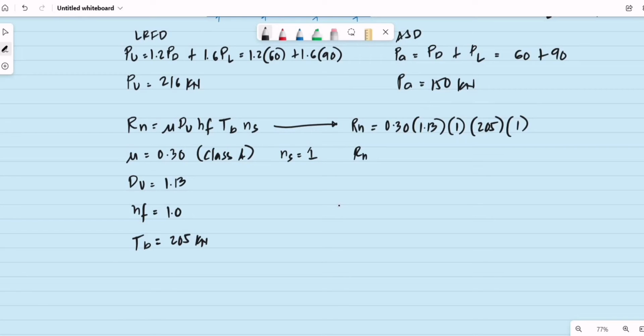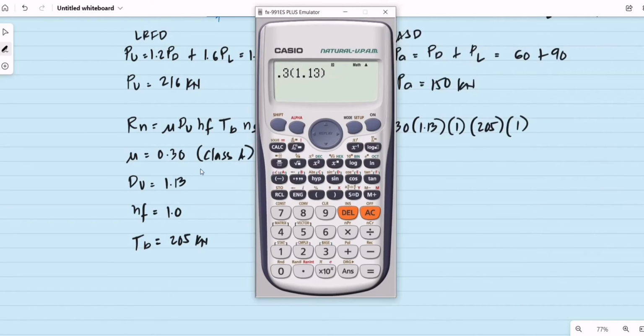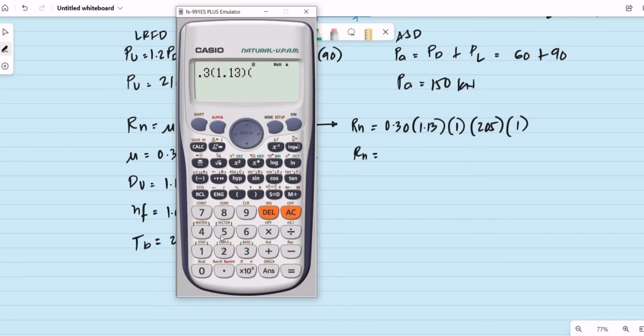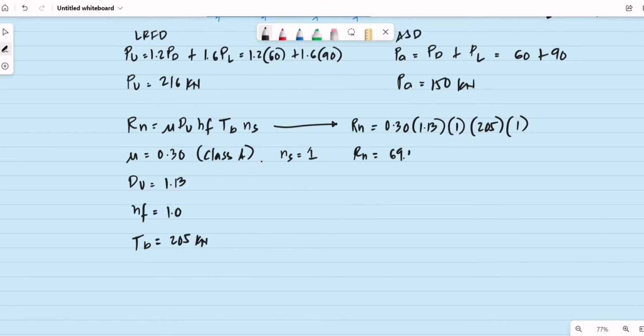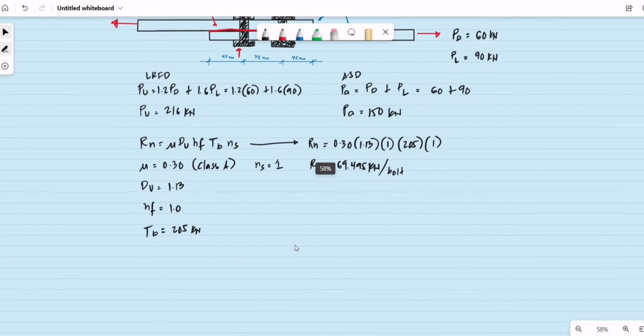So the resistance of 1 bolt is 0.3 multiplied by 1.13, then multiplied by 1, then multiplied by 205 kilonewtons. So we have that as 69.495 kilonewtons. This is the capacity or the resistance of 1 bolt, 69.495 kilonewtons per bolt.